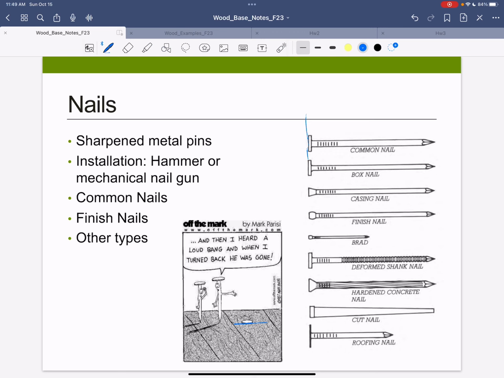So now we're moving into finishing nails, which are these guys here, where we're trying to sink this so that we don't really notice it or see it. These also can be done with guns. I've worked on some projects here at my house, and I don't have a nail gun, but I have a finishing nail and a brad gun.